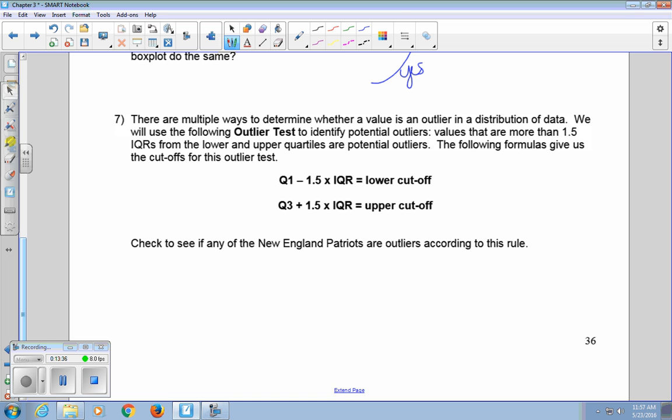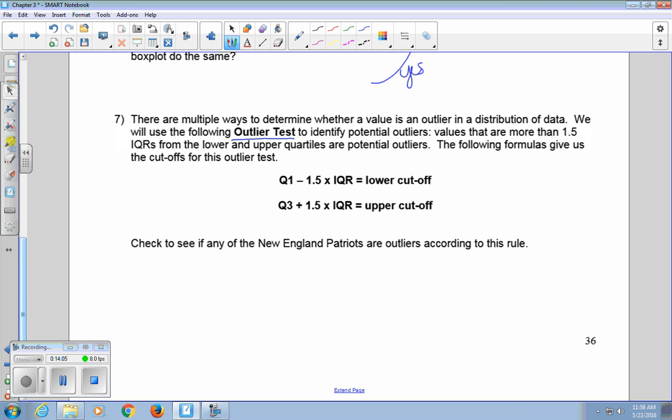There is an outlier test that we use with our IQR to determine some cutoff points for outliers. Values that are more than 1.5 times the IQR from the lower and upper quartiles are potential outliers. So let's calculate the outlier test and find these cutoffs for our New England Patriot data.